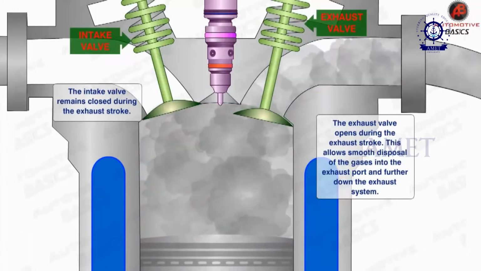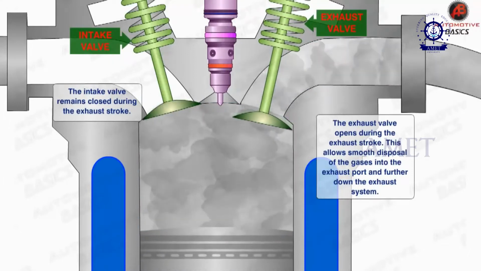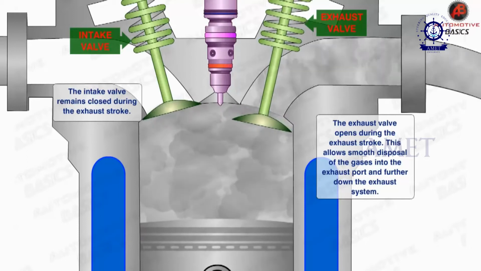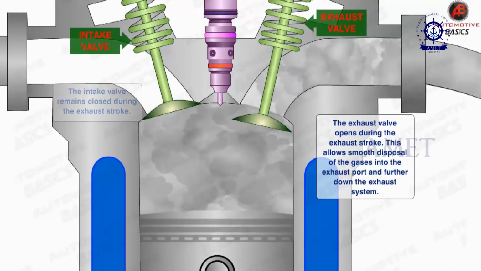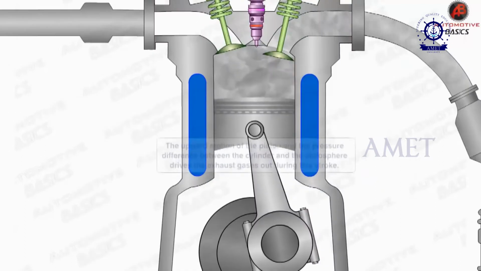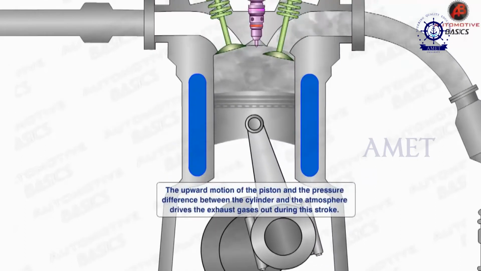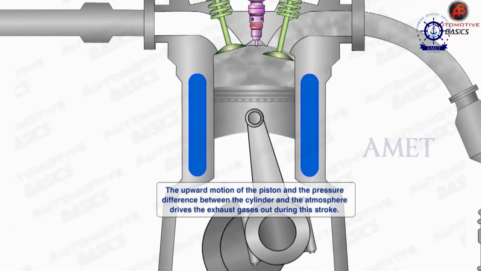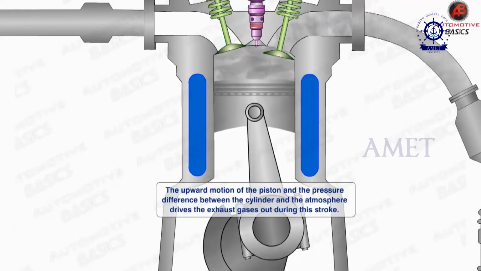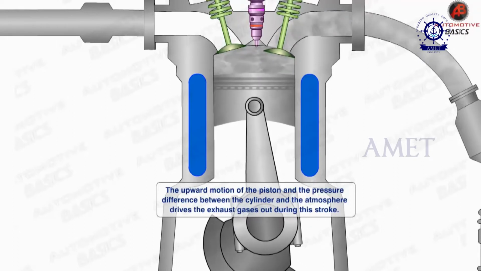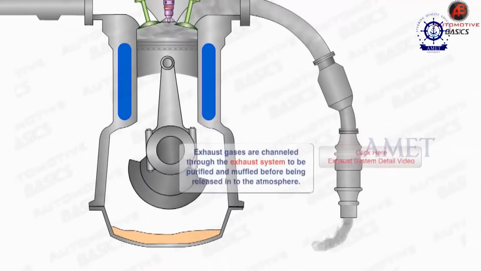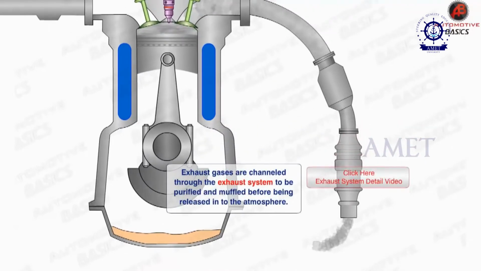At the same time, the exhaust valve is open, so the exhaust gases present inside the engine cylinder are sent out to the outer atmosphere via the exhaust valve.